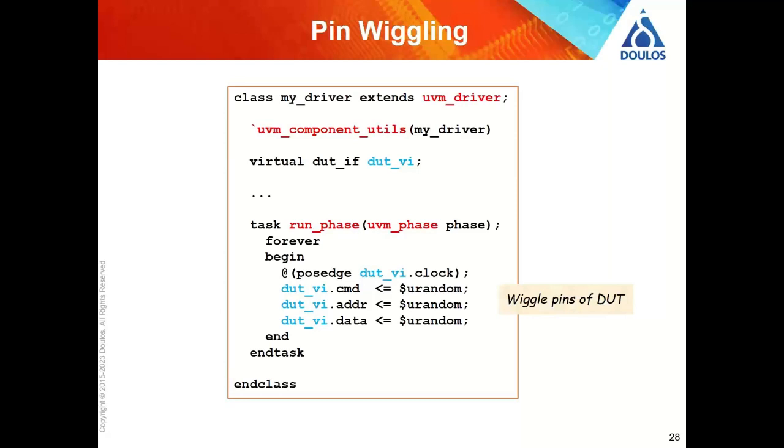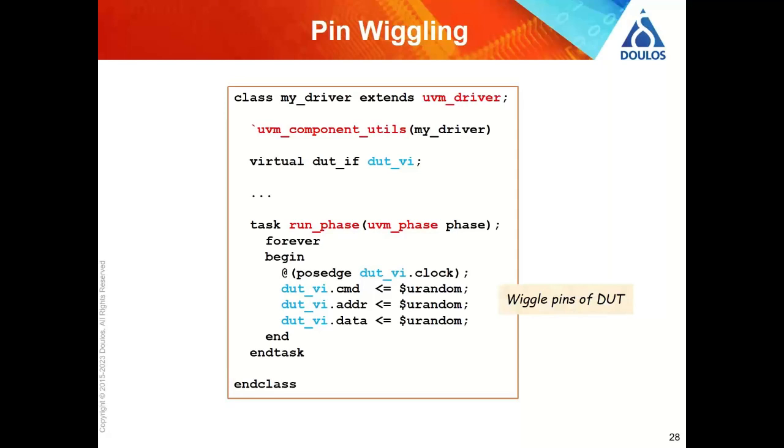We've got an at pos edge clock, so every time there's a clock on the interface, we're going to generate some random numbers and write those to the pins. We use virtual interfaces just like we would use a physical interface, and use the dot to access the members. Okay, so that's our driver complete.